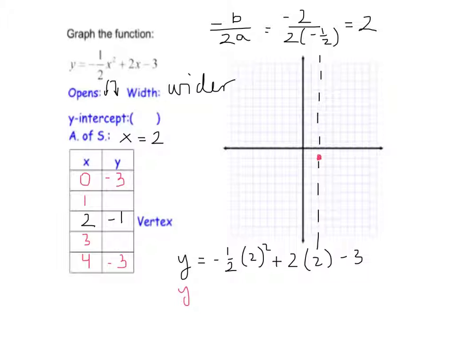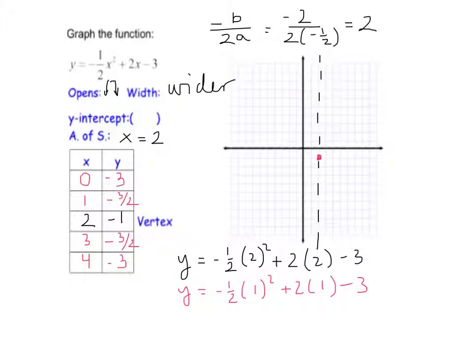If I substitute in 1, negative 1/2 times 1 squared plus 2 times 1 minus 3. 1 squared is 1, times negative 1/2 is negative 1/2, plus 2 is 1.5, minus 3 is negative 1.5, which is negative 3 over 2.